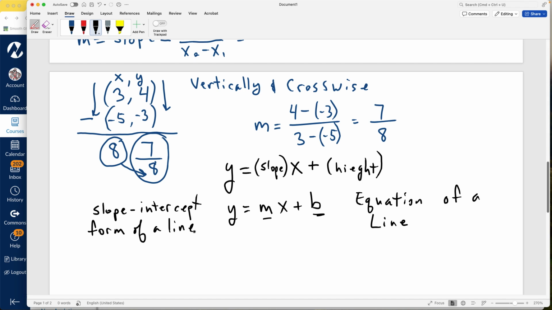There's more ways we could write this because we can do algebra, we can move things around. But so far, our line that we have there would be y equals 7/8 x. And then now all we got to figure out is what is that y-intercept, right?